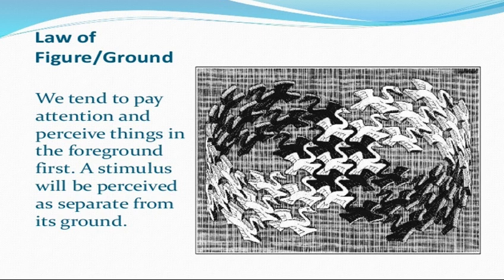The things which are vague, indistinct, and unimportant recede into the background and are referred to as ground. Ground is the field of consciousness, whereas figure is the center of consciousness.